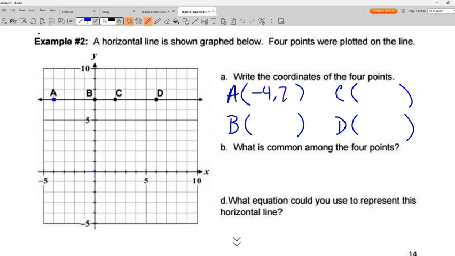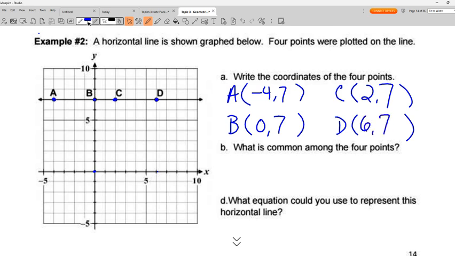Point B is found right here, straight up 7 units from the origin, 0, 7, meaning that point B is on the y-axis. Point C is located right here, so I'm going to go 2 units to the right of the origin, and then up 7 units, 2, 7. And then point D is found right here, so from the origin, I'm going to move 6 units to the right, and then up 7, 6, 7.